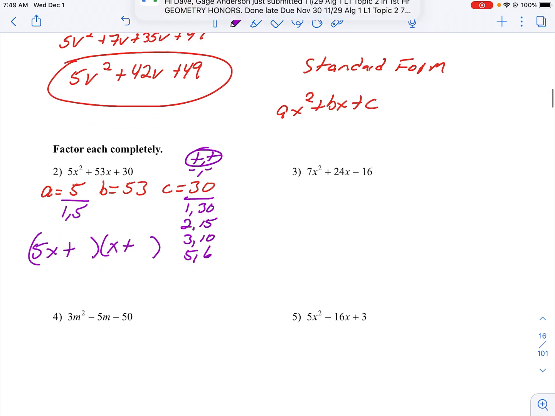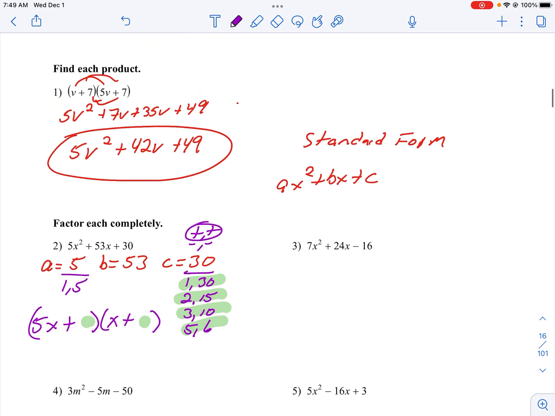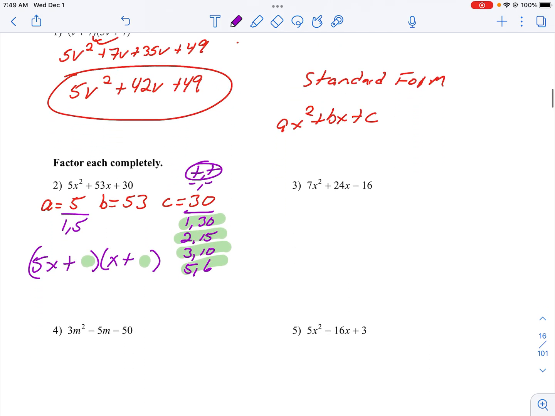After that, I need to do what we call guess and check. The way that we go about factoring here is a process we call guess and check. You're literally going to make a guess using one of these pairs, plug them into one of these locations, and then distribute, just like we did up there, to see if that 53 for the linear coefficient appears or not.